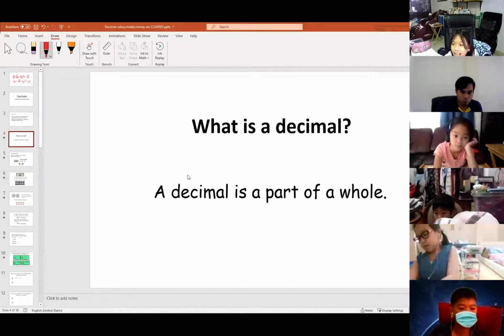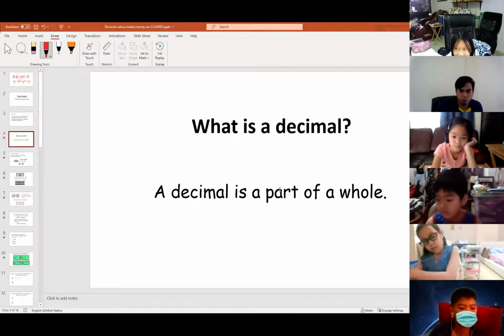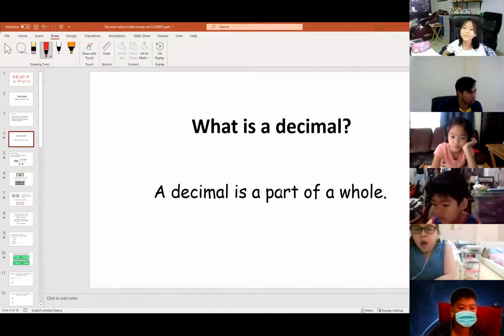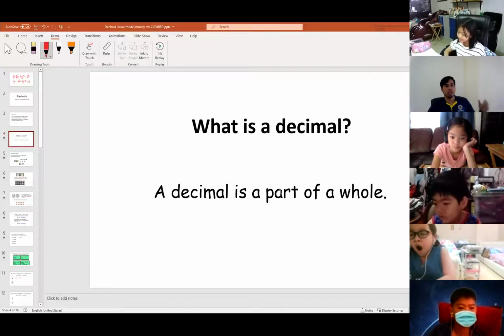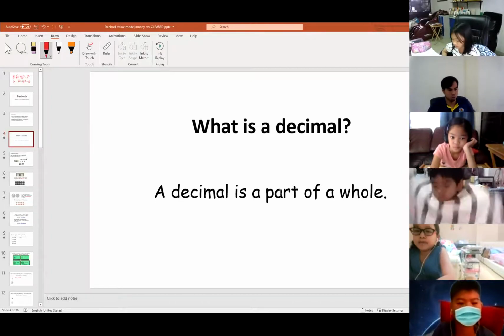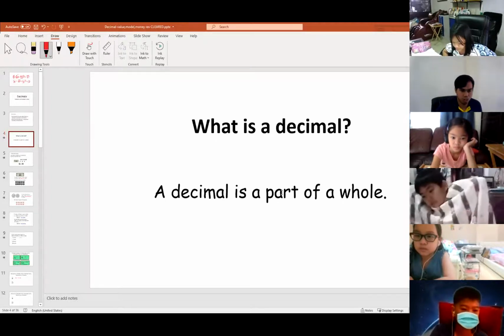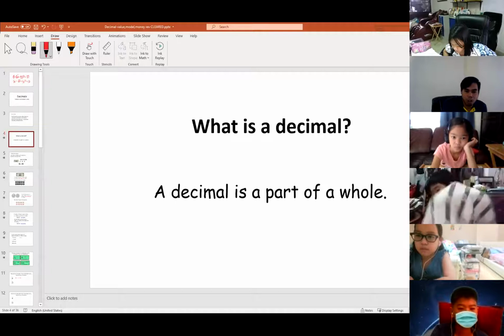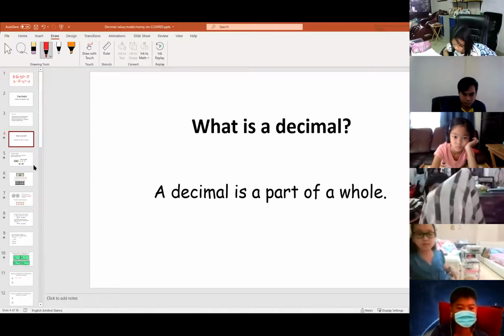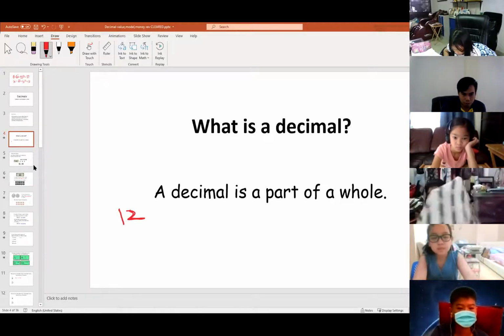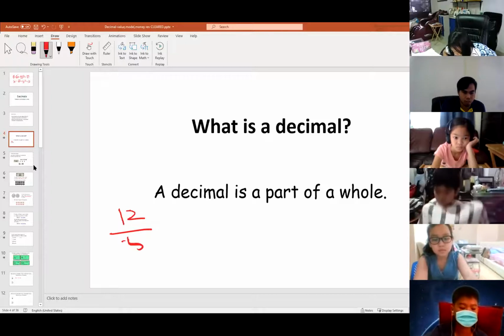What do you mean by that? What does the book mean by part of a whole? Does anyone have an idea? Okay, so decimal is a part of a whole. For example, let's say 12 divided by 5.